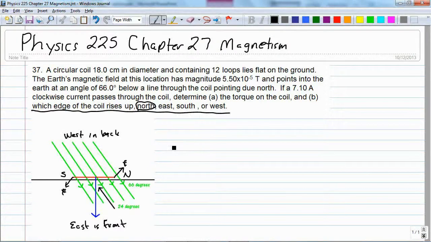Now we can determine the torque on our loop. The first thing we need to do is find the area.